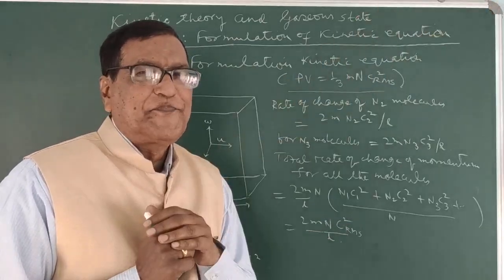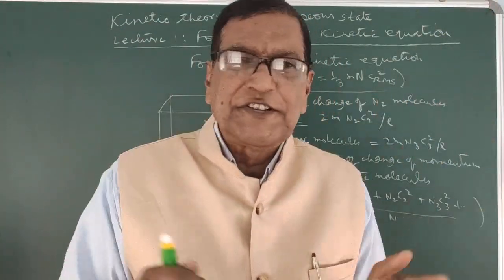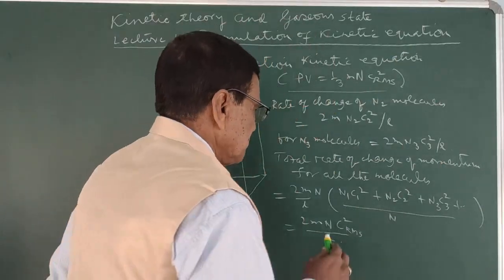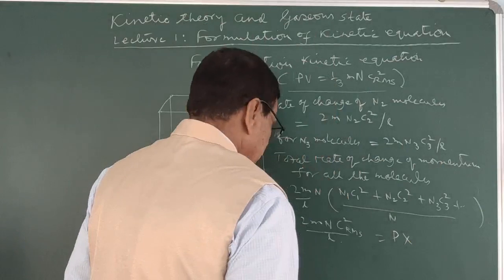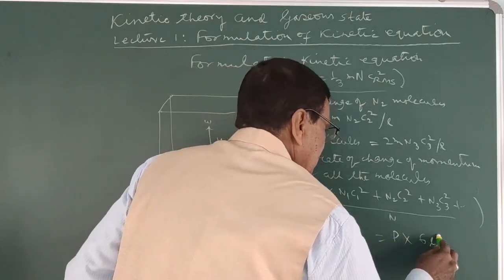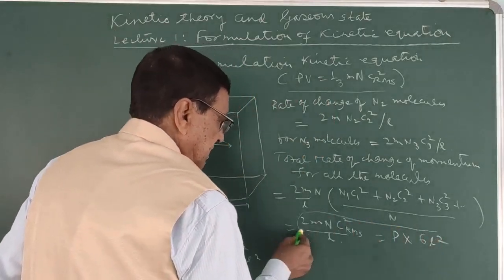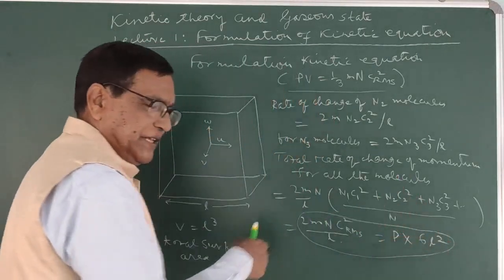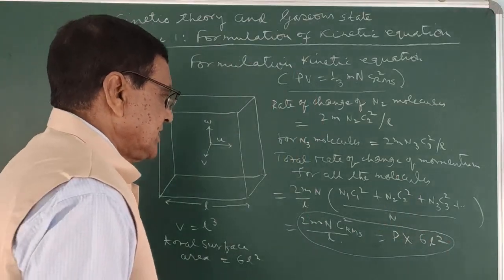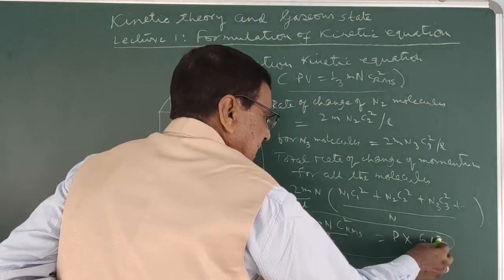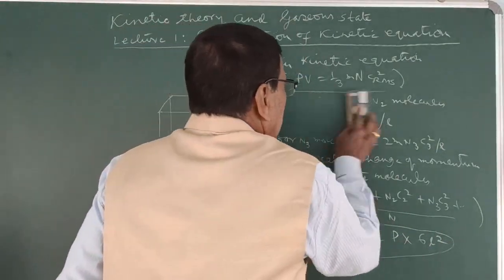The force means pressure times surface area. So this will be equal to pressure P times the surface area 6 L square. Equating these two by Newton's second law, we get this equation.